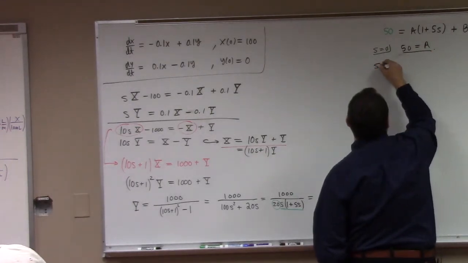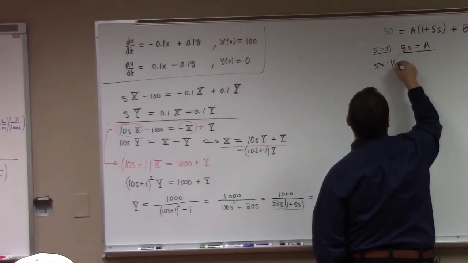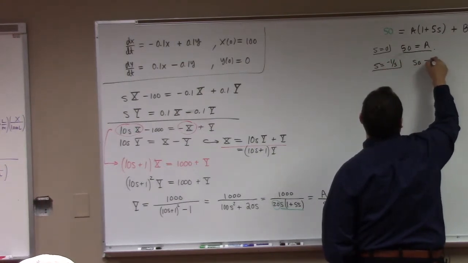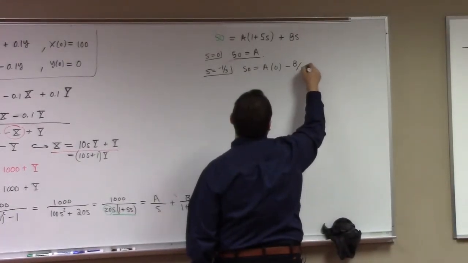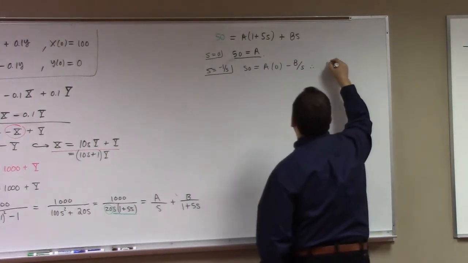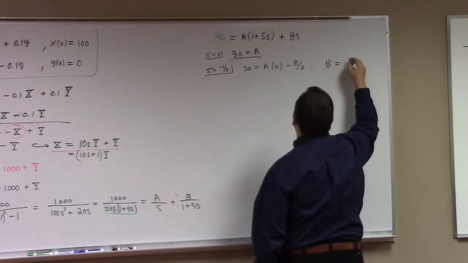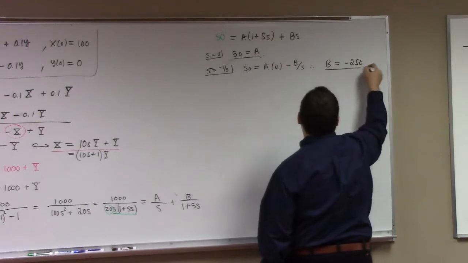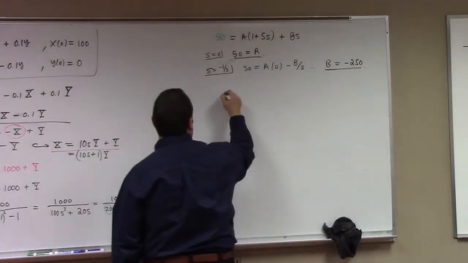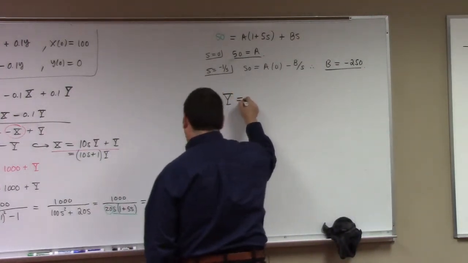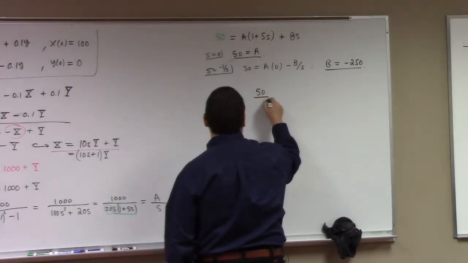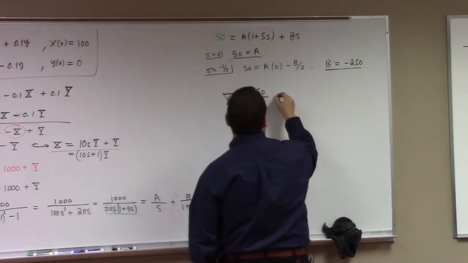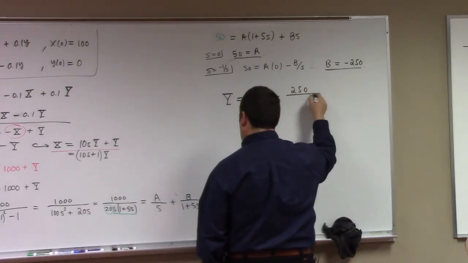And if we put s equals, let's say, minus 1/5, then we've got 50 is equal to A times 0 minus B over 5. Apparently, B is equal to minus 250. So in short, my Y was actually equal to 50 over s minus 250 over (1 plus 5s).